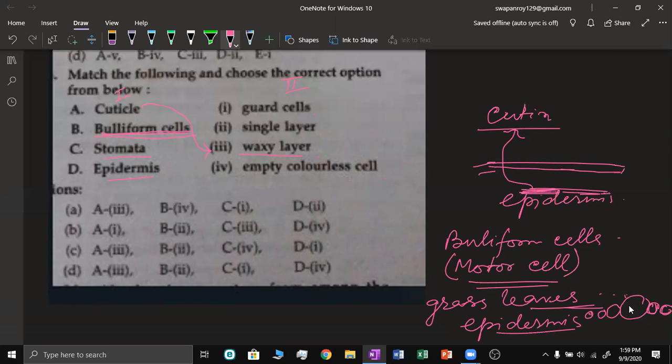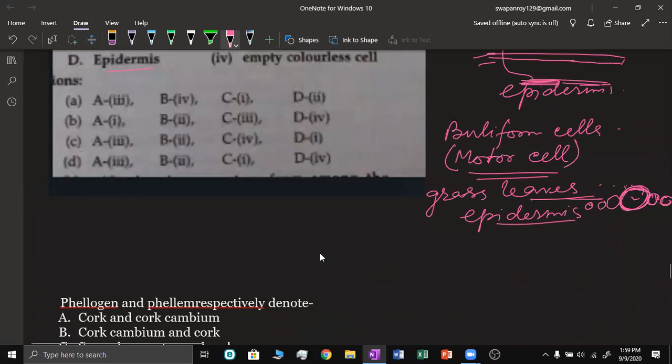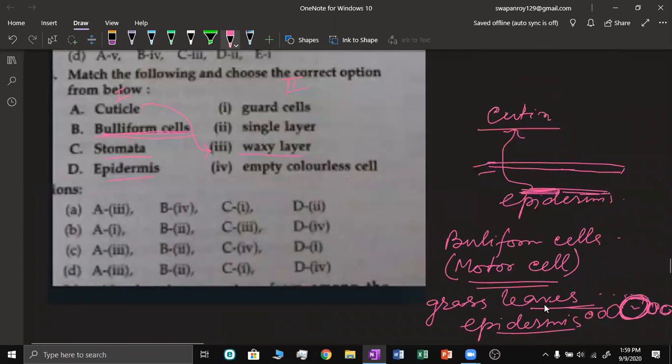This cell can absorb water and can release water. When it absorbs water, this will help the leaf open. The leaf is stretched when the bulliform cells have enough moisture, so they increase in volume and the leaf is open.